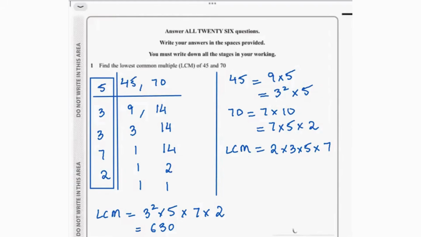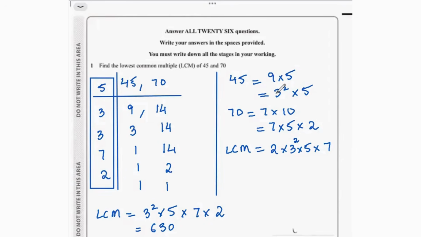Then for each number, we pick the highest power given in either 45 or 70. For 3, there's just one, with a power of 2. So we take 3 to the power of 2. For 2, there's just one, so it's going to be just 2. Now for 5, the highest power is 1 because in 45 there's one 5, and in 70 there's one 5. So we take 5 as it is.